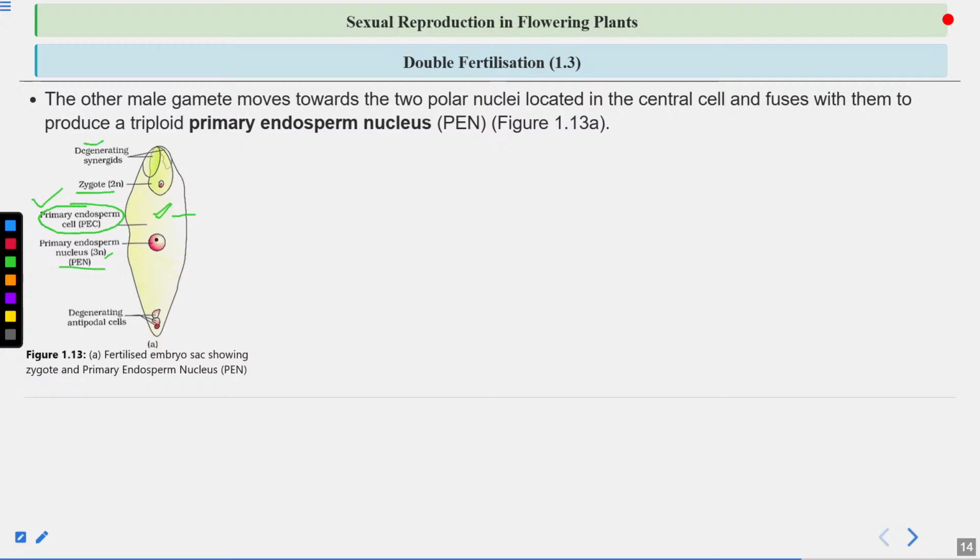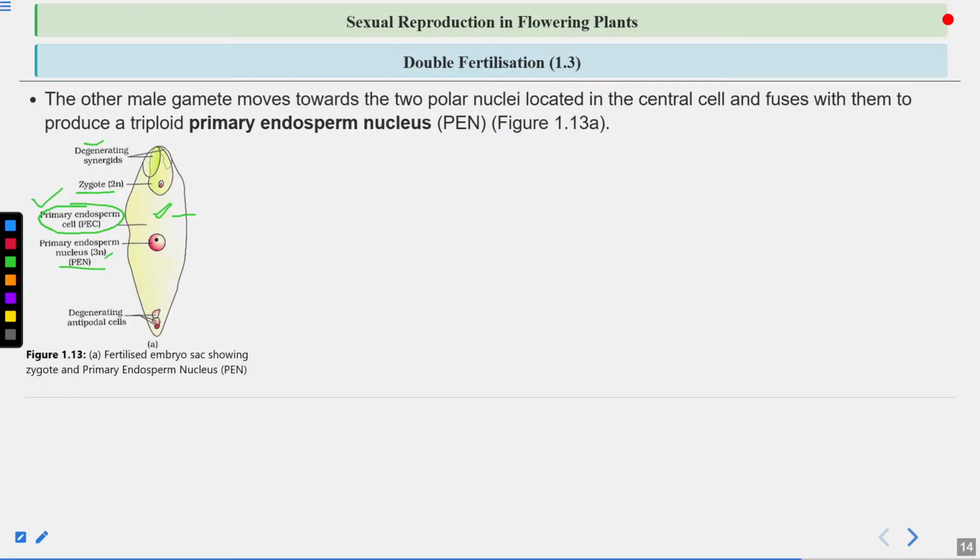Now the degenerating synergid. Synergid has done its function. What is the function of the central cell? What is written here? You will answer yourself. Primary endosperm cell. So this primary endosperm cell was actually earlier the central cell, and this will later on form the endosperm.